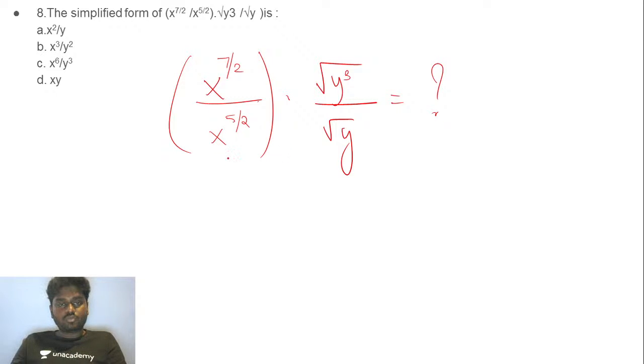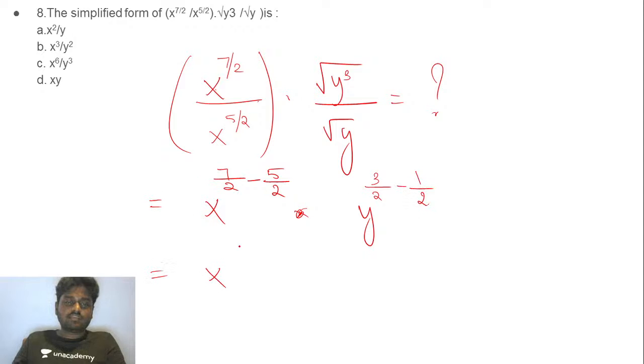So it's going to be what? What we can do? If the bases are same, it's like a power m divided by a power n. It's going to be a power m minus n, right? So it's going to be x power 7 by 2 minus 5 by 2, into, here if you take y, y cube root, so it's going to be y power 3 by 2 minus 1 by 2.